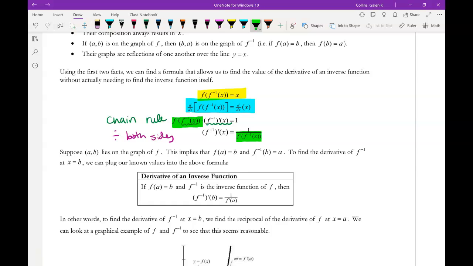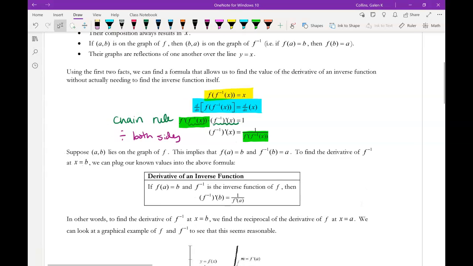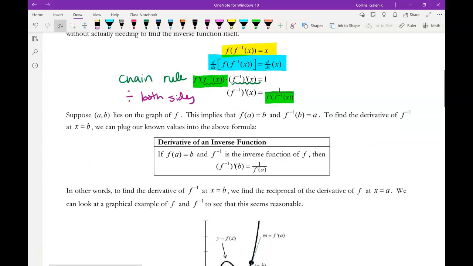Oh, it's going to be a mouthful to say that. So if we know that the point (a, b) lies on the graph of f, that means that (b, a) lies on the inverse of f. So to find the derivative of the inverse function at b, we could plug what we know into the above formula, or what's above, but then it's in the box below.